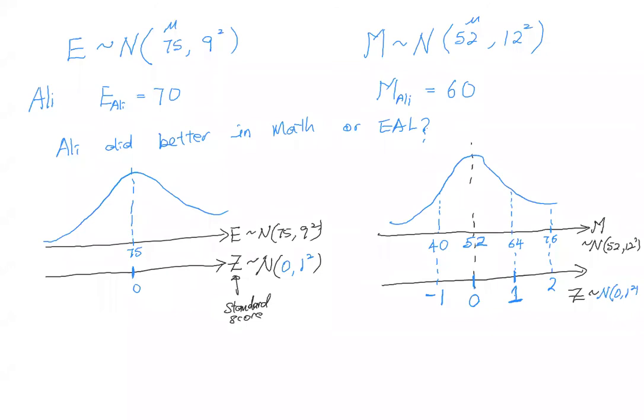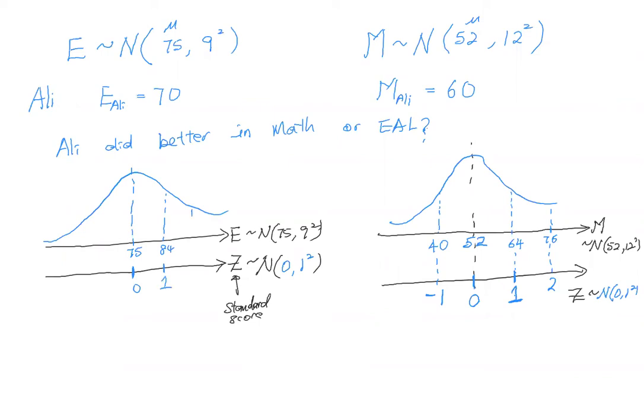So if you got a negative standard score, I know you are below the mean. Get me? Okay. For your EAL, if your score is 75 plus 9, what is it? 84. Am I right? Then your standard score is 1.